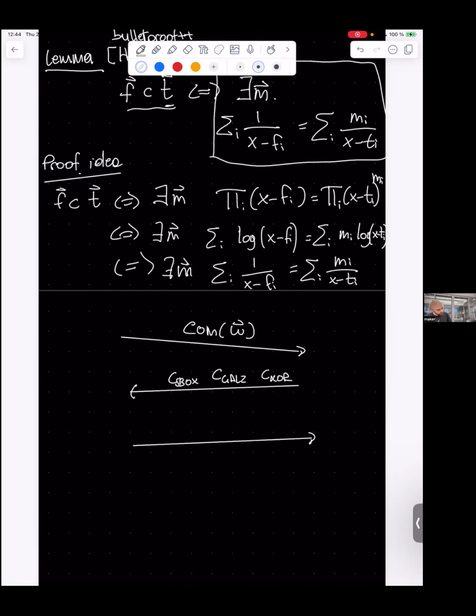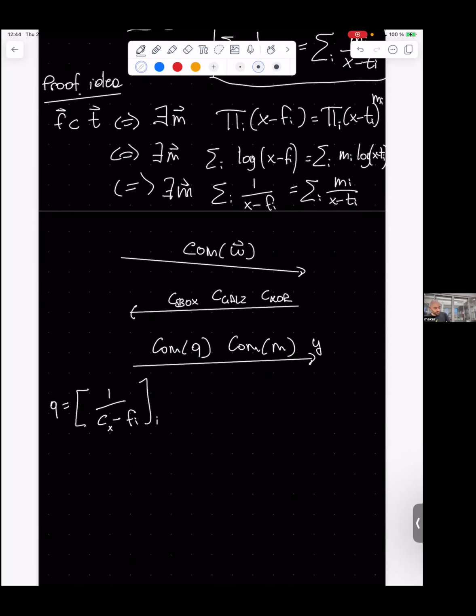I will send a commitment to all the inverses that I'm going to call Q. So Q is the vector that is 1 over fi, for all of the elements. It's going to be for the S-box, for Galois, and for XOR. I'm also going to send the commitment to the multiplicities, and then claim the evaluation Y.